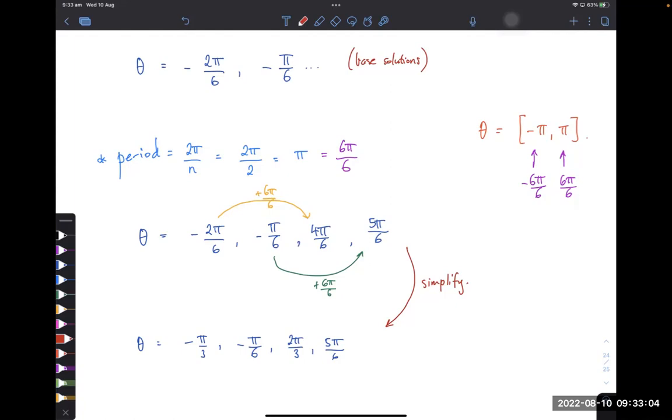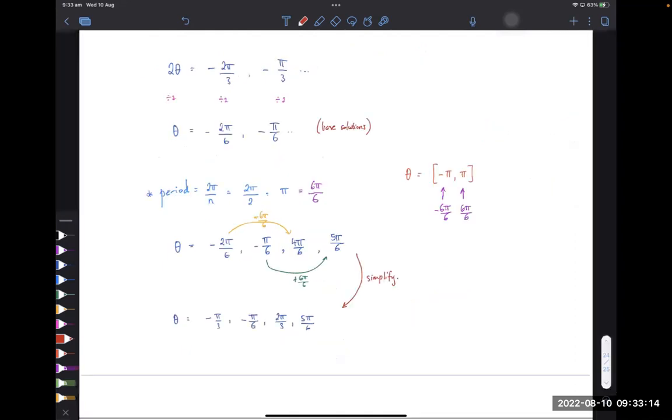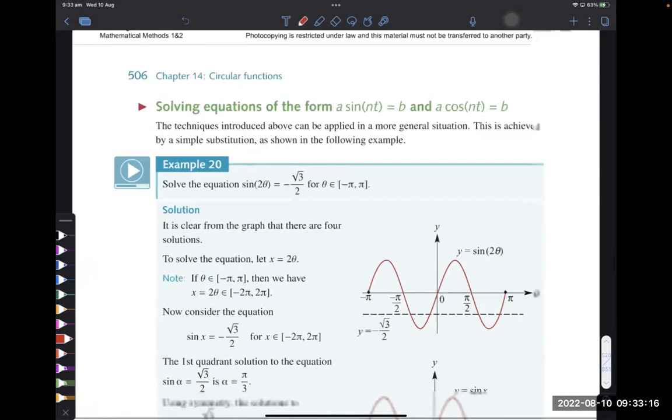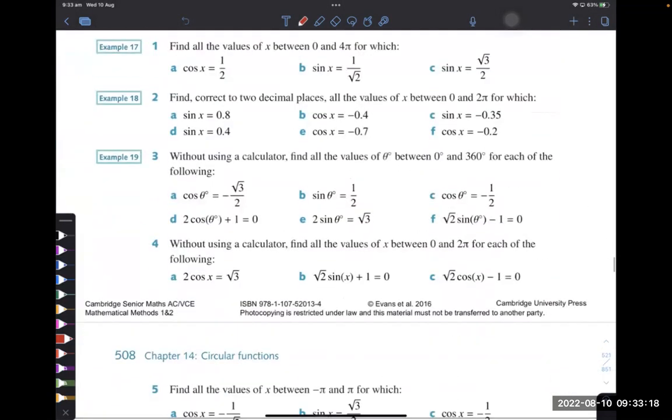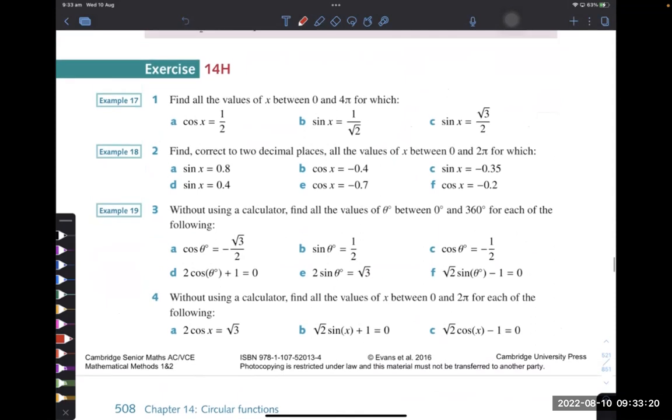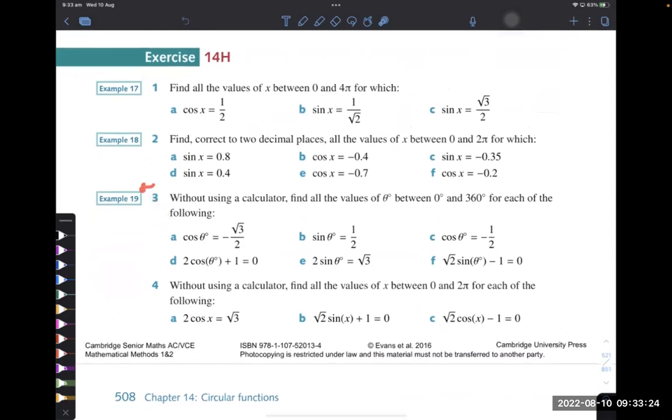Okay, so for the rest of today, I'm just going to do questions on the board regarding this. You need practice with this. So I'd like you to do a couple of questions from the textbook. Don't worry about 3. Leave 3 for now, right?